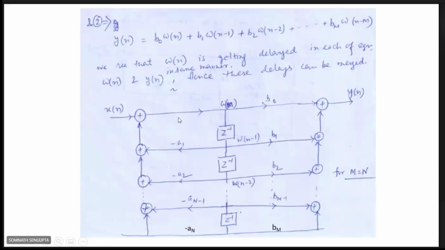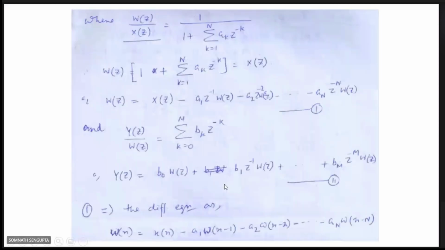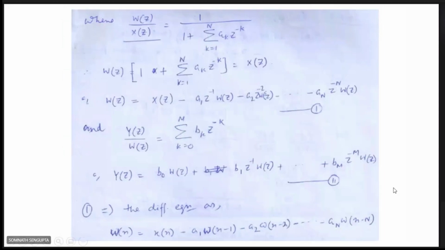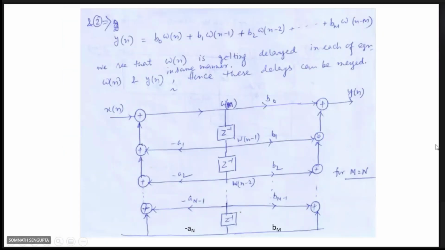And the coefficients a, which go to the input side, their sign is changed. So you can see here the coefficients a are all positive, now we take the opposite sign on the input side, that is minus a1 and minus a2. Okay. So this thing you need to keep in mind.